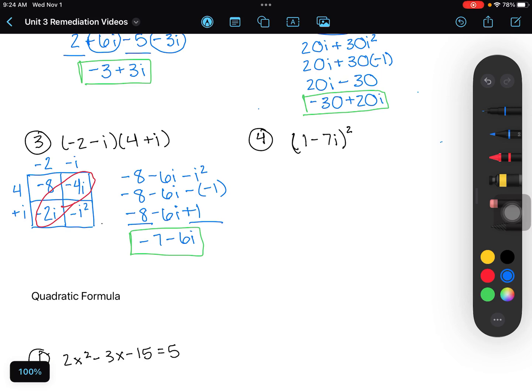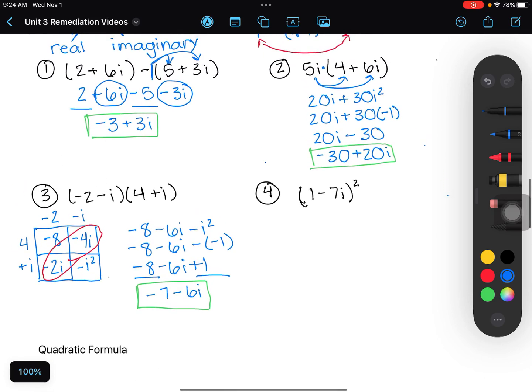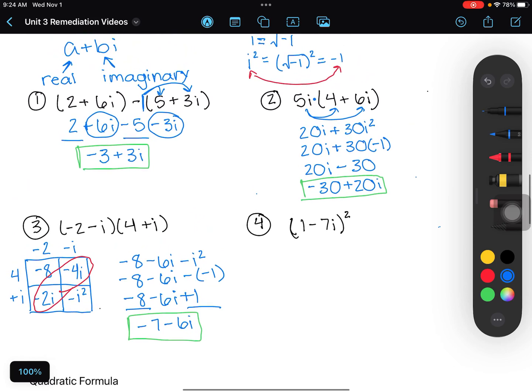So for our last example here, we are going to look at number 4. So this one is just like the previous one. We just have to rewrite it. So remember when we square something, it's like we're multiplying it times itself. So here I'm just doing 1 minus 7i times 1 minus 7i.